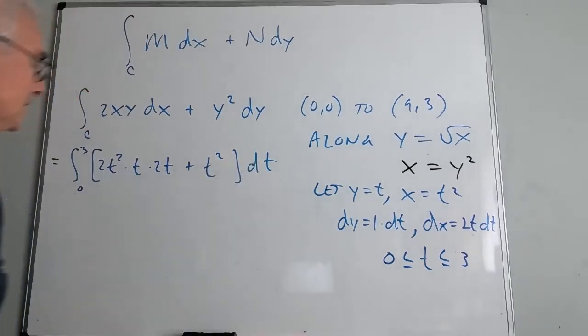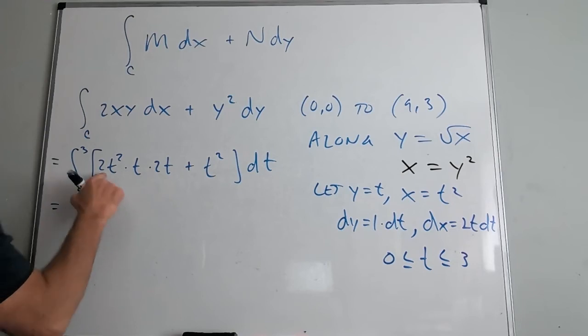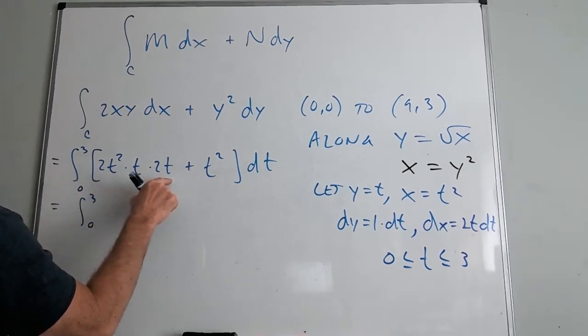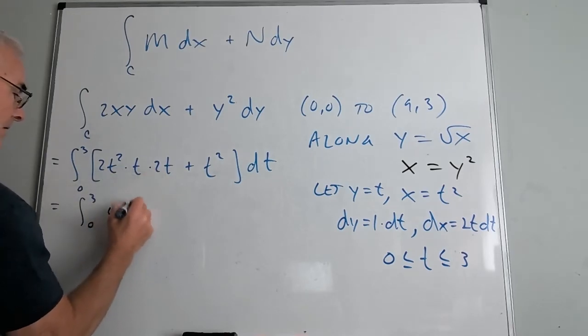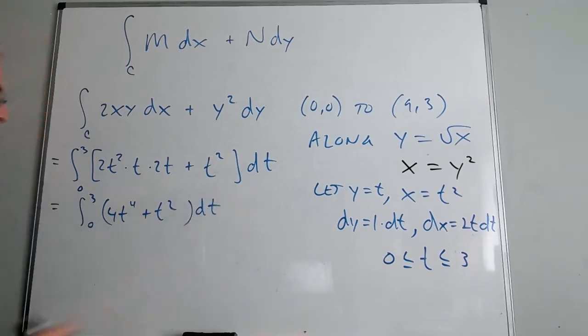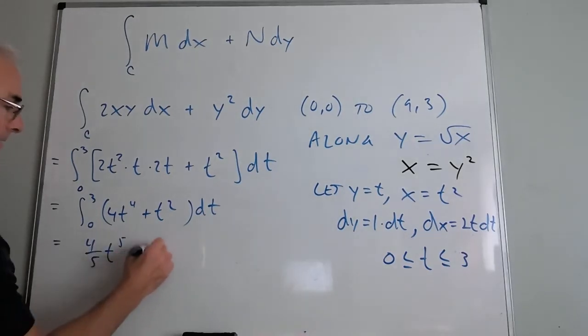Less writing. Now, can I clean this up a little bit? 2t squared t, 2t, that would be what? 4t to the 4th plus t squared dt. This scary looking problem becomes this really simple single integral right here. That's usually what happens, you end up with something not terribly taxing.